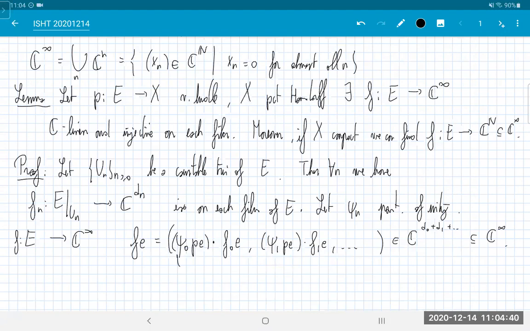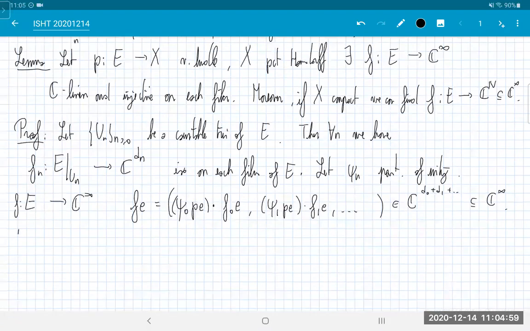And for every e, one of these components is an isomorphism on the fiber, because this number is non-zero. And if X is compact, I can just choose finitely many U_n.